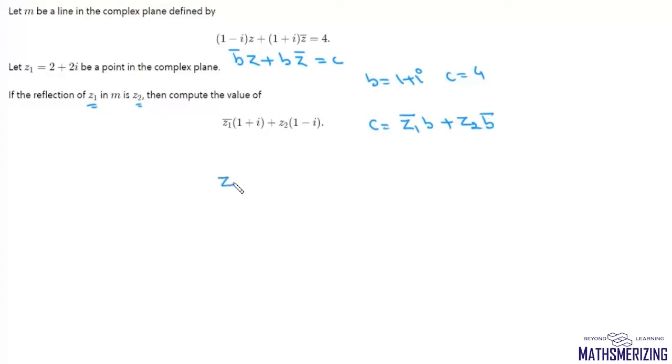Now here we can write z1 bar, and what's b? b is 1 plus iota, and plus z2, and b bar is 1 minus iota, and we know that it is nothing but c. Value of c here is 4. So answer to this question is simply 4.